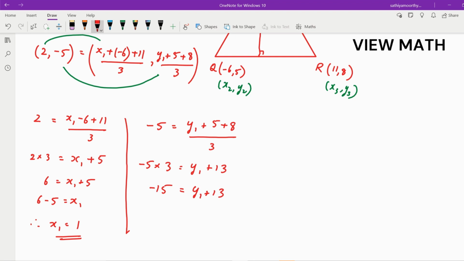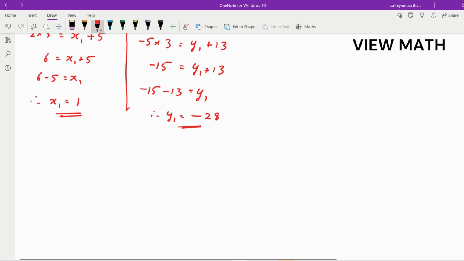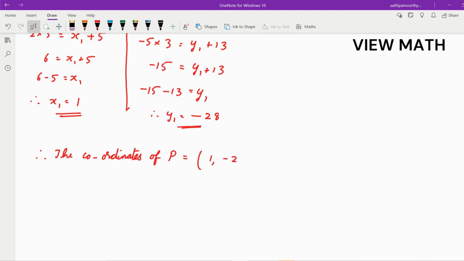Now let me bring this 13 to the other side, it becomes negative 15, negative 13 is equal to y1. Therefore y1 is equal to negative 28. So we have found out x1 and y1, which is nothing but the coordinates of P. Therefore, the coordinates of P is x1, y1, which is 1, minus 28.